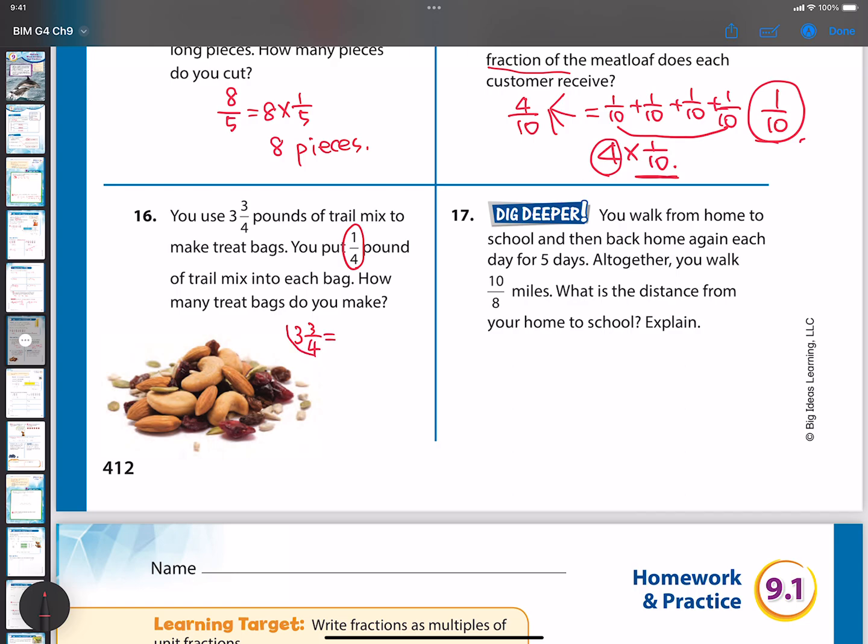Cross multiplication: 3 times 4 is 12, 12 plus 3 is 15 over 4. And you put 1/4 in each bag. That means 15 of 1/4, so you make 15 treat bags.